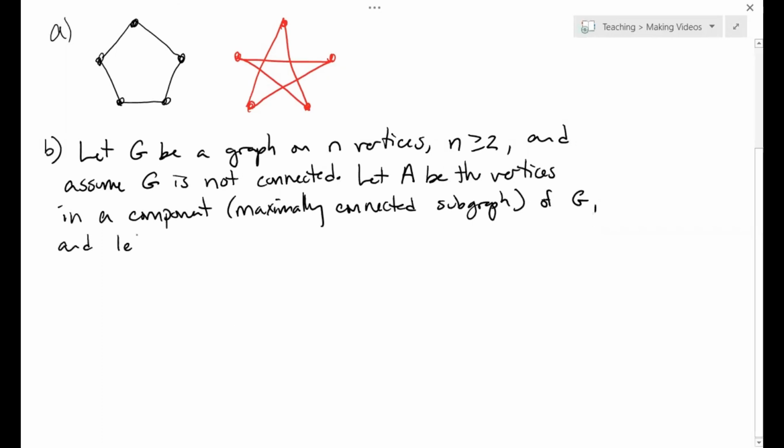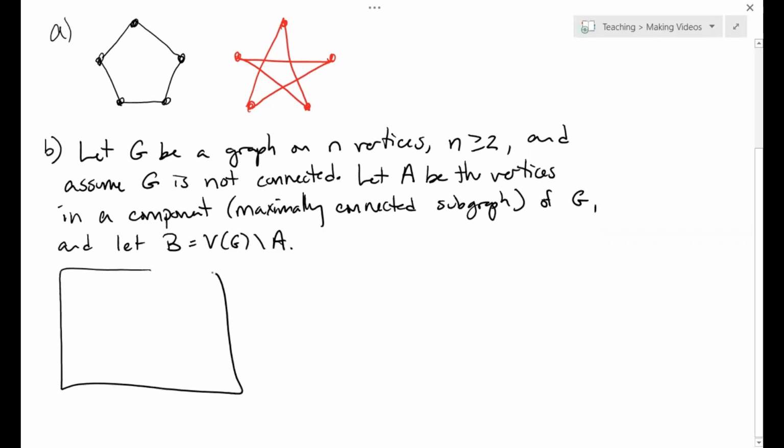And let B be the vertices of G minus A. So let's take B to be everything else. So what we have here is I split G into 2 sections. I've got A and I've got B. B is just everything else. A is connected.